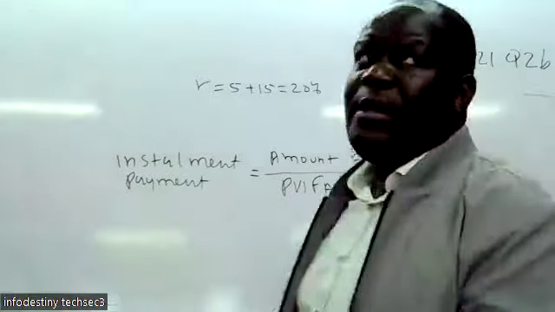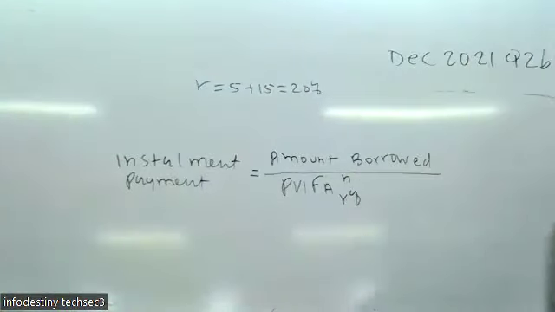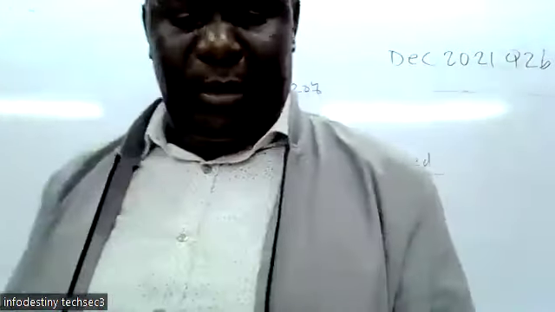You now know how much to pay for each installment. If you want to know the installment for any loan, just take what is to be borrowed. They will give you the interest rate and the period of the loan. So you go to that annuity table, get the figure, then come up with the installment.